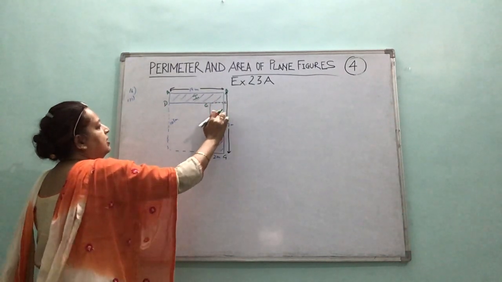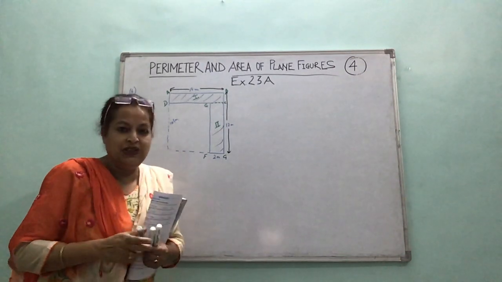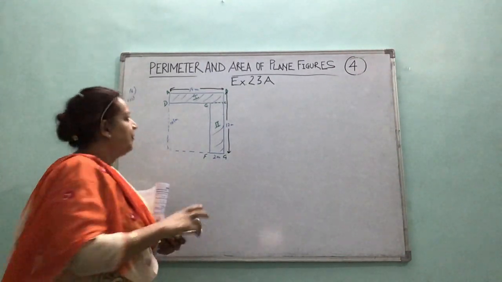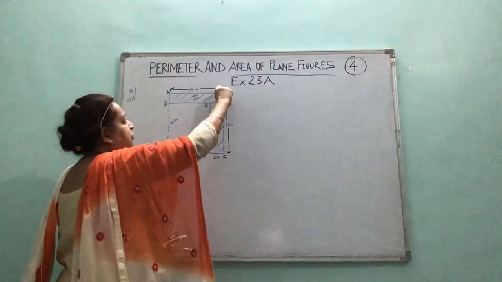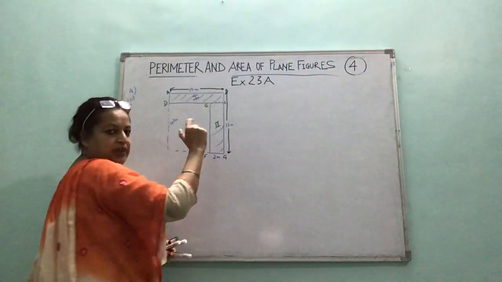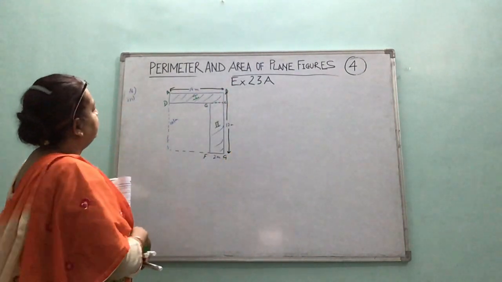So first I'll just see whether I have the dimensions for rectangle 1 or not. Length of the rectangle is clearly given, 14 meter. I have to find the width of the rectangle, which is this BC, right? This total is 12 meter.